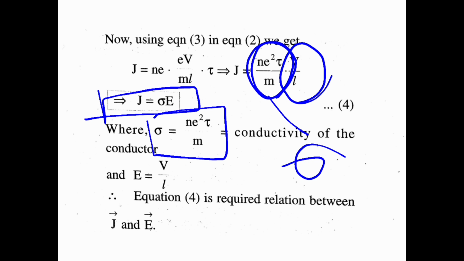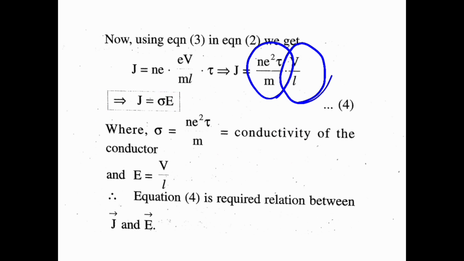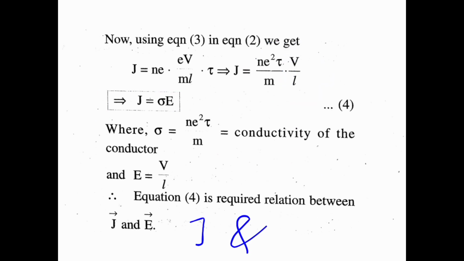Sigma refers to the conductivity of the conductor, and E is equal to V by L, that is potential difference by length. So this is all about the relationship between current density and electric field intensity. We can determine it very easily. Okay, thank you for watching.